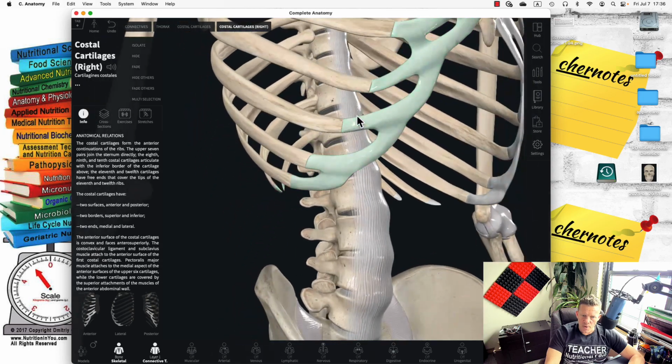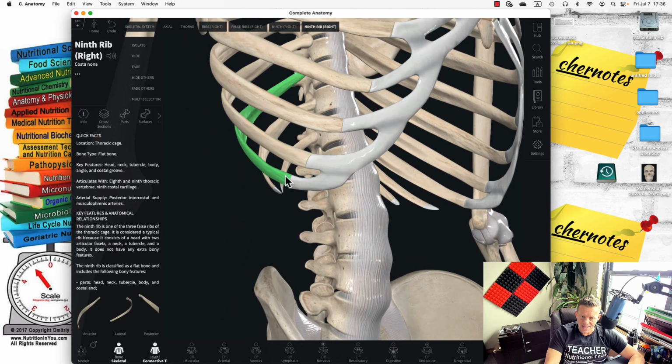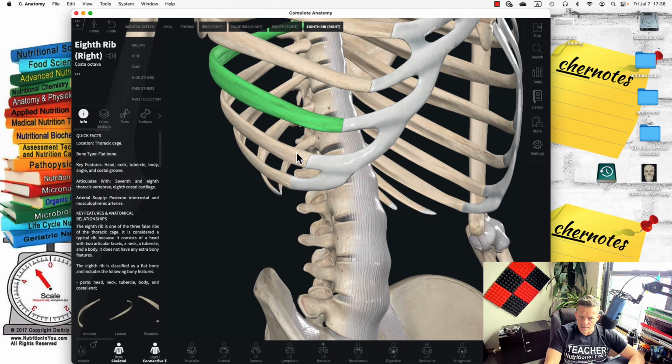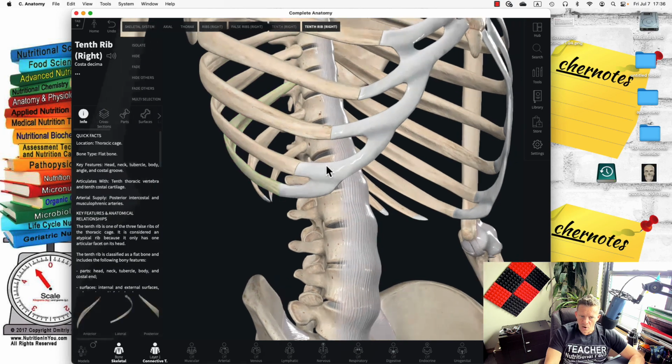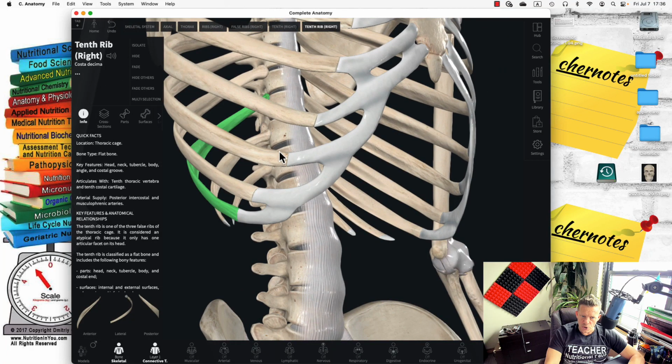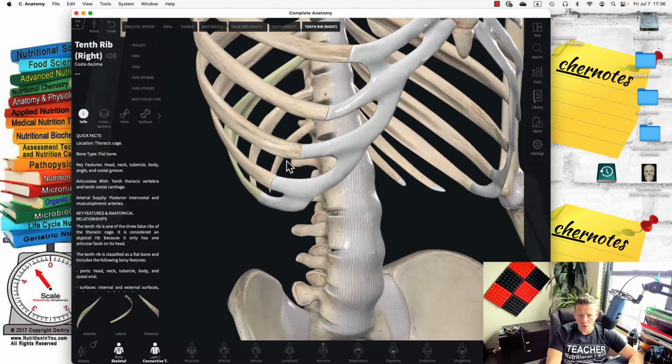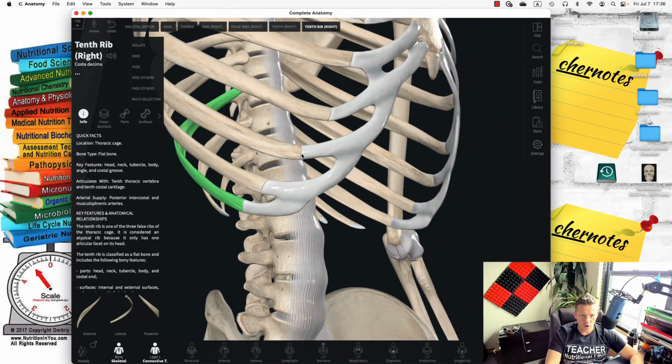Then ribs 8, 9, and 10 are all connected to the sternum through this cartilage. They are not directly connected; they connect to a cartilage that is directly connected to the sternum. So ribs 8, 9, and 10 we call false ribs.